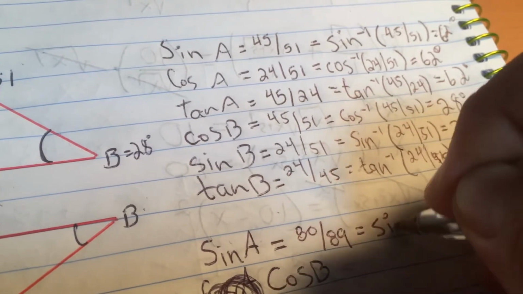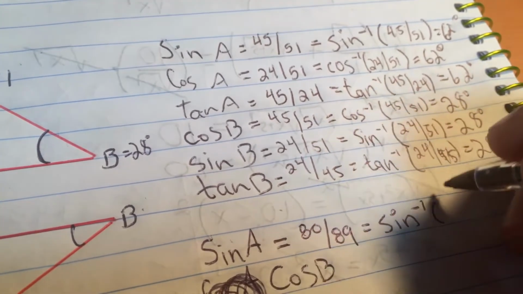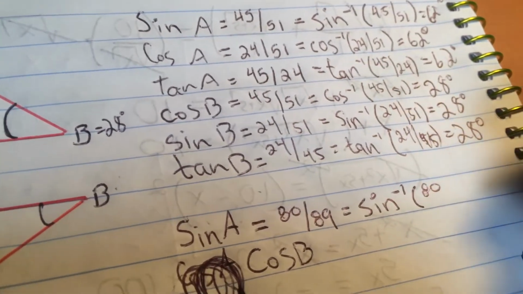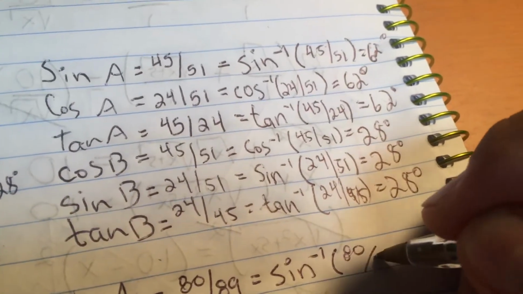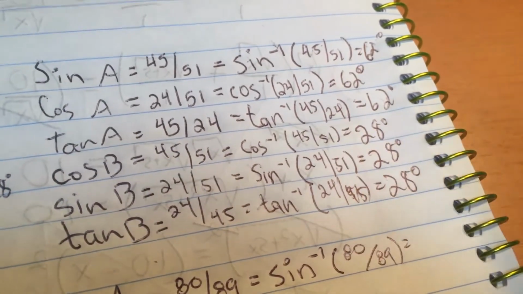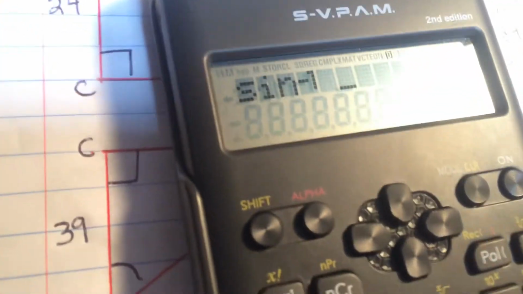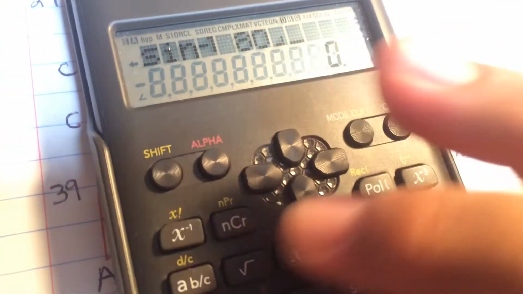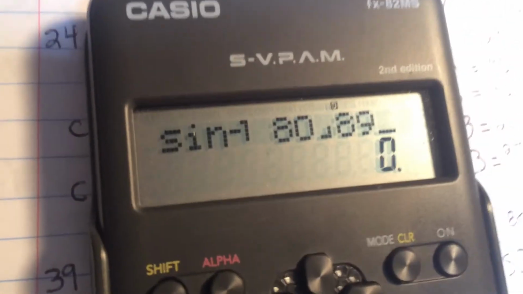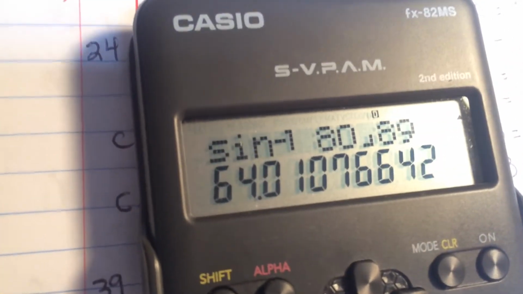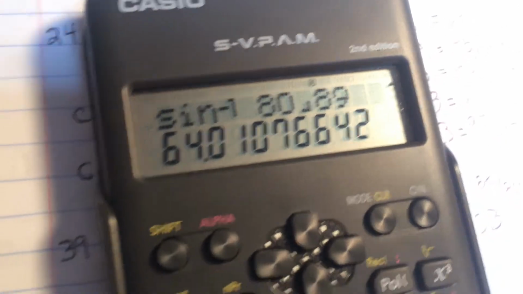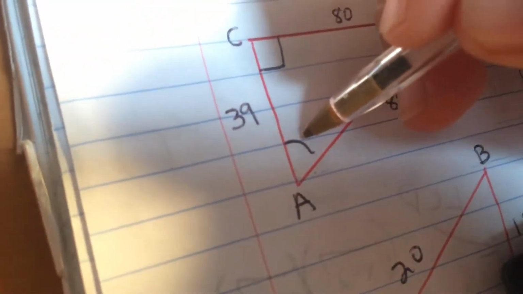We apply the inverse operation, inverse sine of 80 over 89, and that is 64. And we already know that this is correct. So angle A is 64.